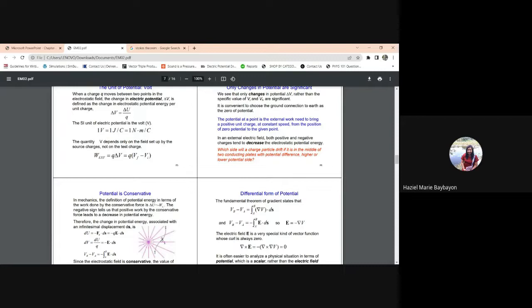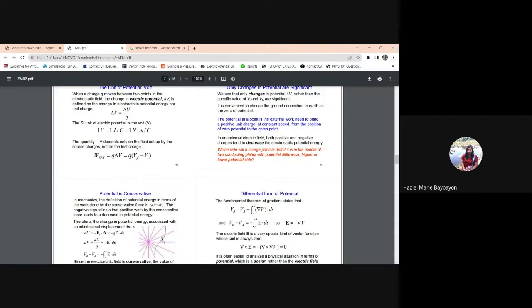Okay, so si Julite kay naghinayhinay siya move at constant velocity padulong kay Rugin. Since Julite is also a charged particle or is carrying a charge sa iyang bulsa, then as she moves padulong kay Rugin gikan sa infinity, where dili niya ma-sense ang electric field ni Rugin, she has to do some work para ma-maintain niya ang position.